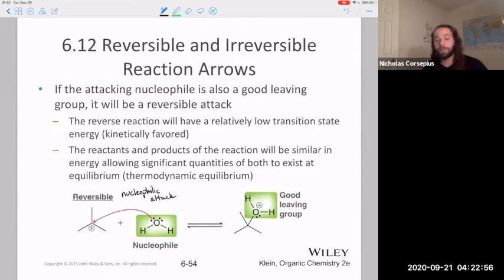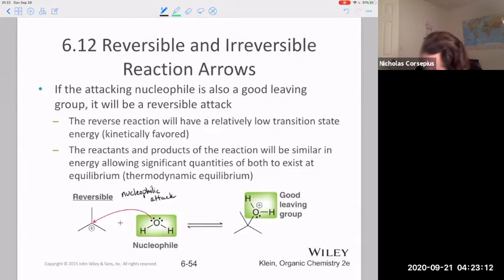So this would be nucleophilic attack. So how do I know if a nucleophilic attack is going to be reversible? Well, if my nucleophile is also a good leaving group, then that's going to be a reversible reaction, right?